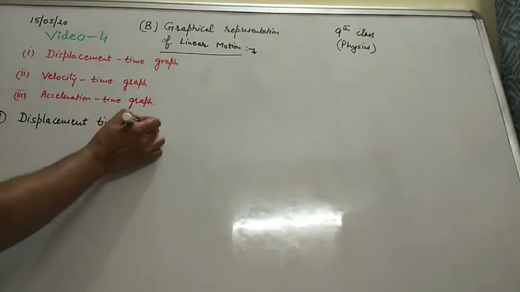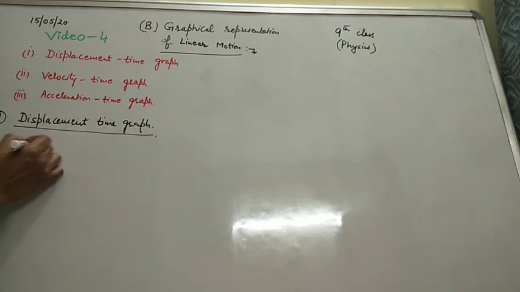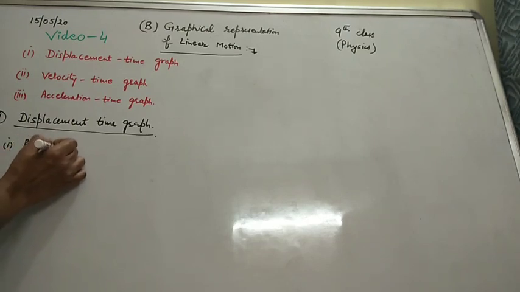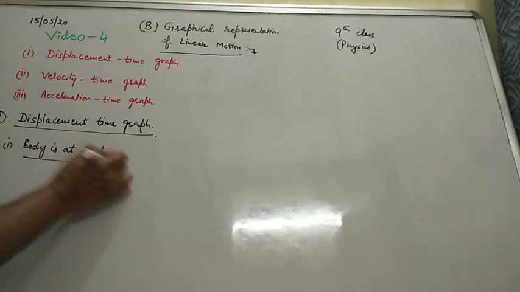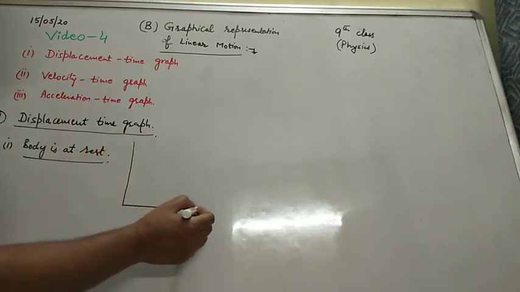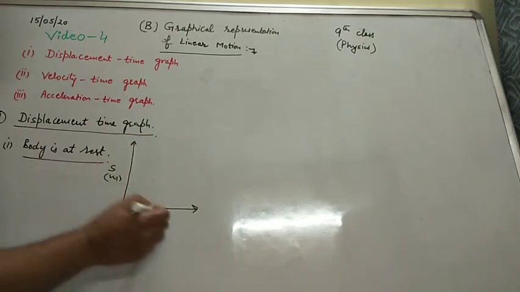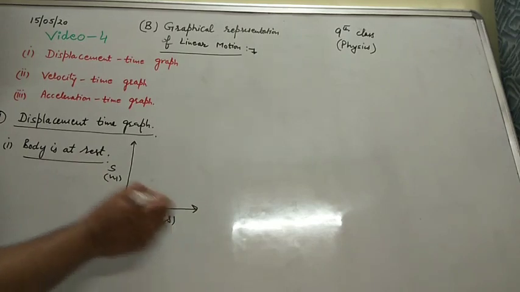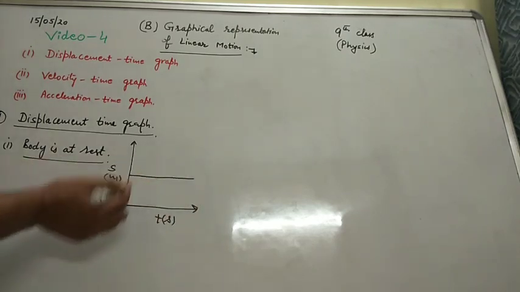Suppose the body is at rest. In that case, the displacement time graph will be a straight line parallel to the time axis.